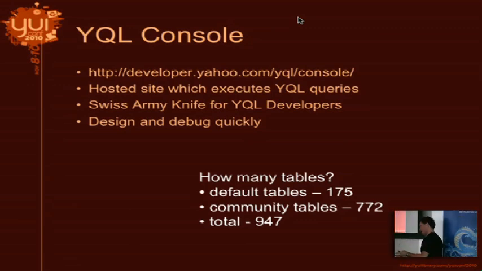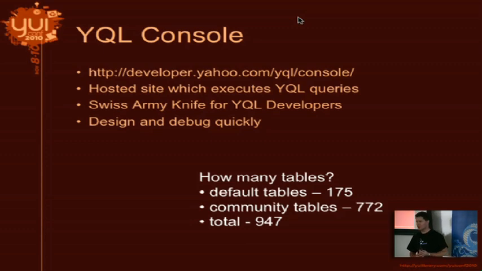So that's the recap. And now I'm easing us into how best to take advantage of YQL and how to effectively use it. We enable this through YQL console. You'd expect any powerful developer language to come with a console, and it's no surprise YQL comes with a console.